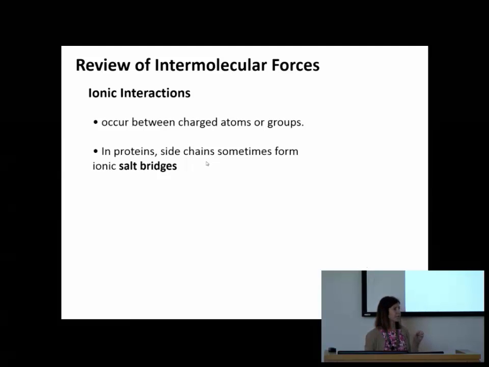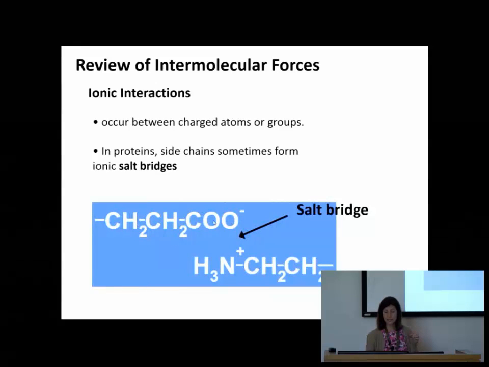Here's an acidic side chain, which at neutral pH is going to be negatively charged. And here's a basic side chain that at neutral pH is going to be positively charged. What I'm not showing is the backbone of the amino acids, so I'm just showing the side chain here. And so the negative anion is going to interact with the positive cation.